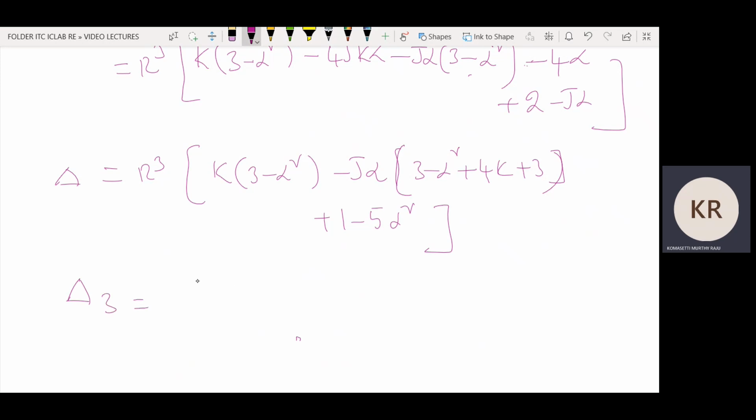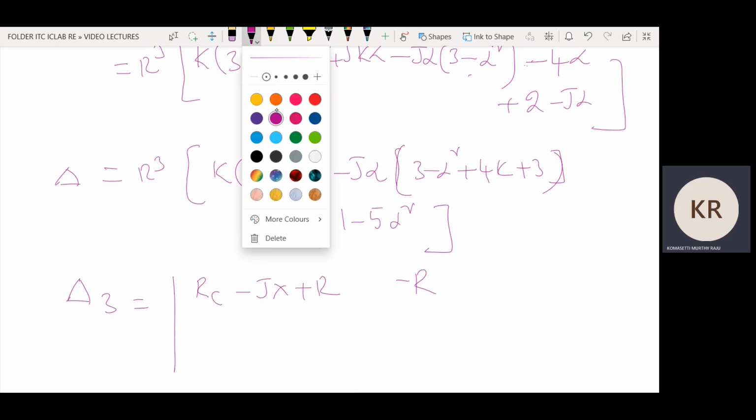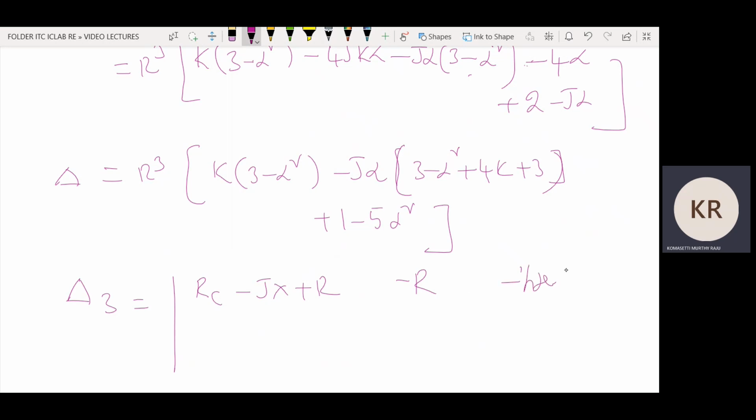Delta 3 is equal to RC minus JX plus R minus R, minus hFE IB RC minus R, 2R minus JX, 0, 0 minus R, 0.